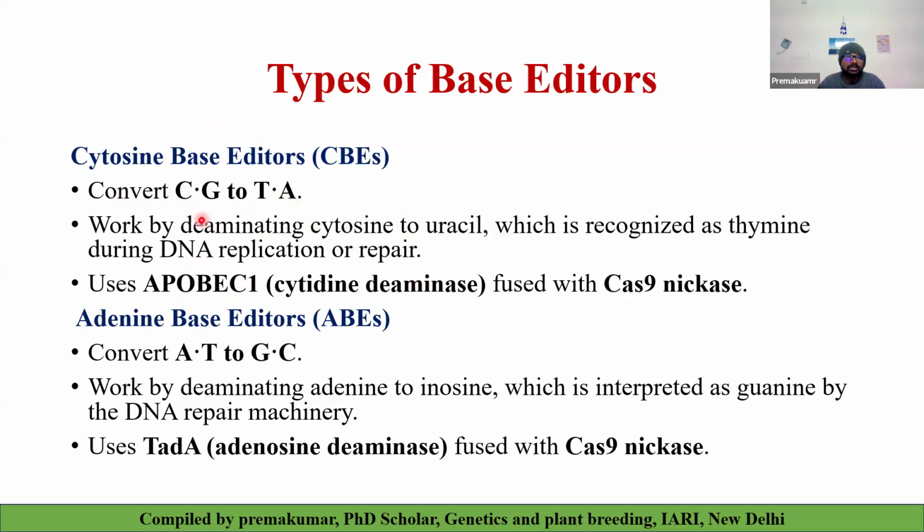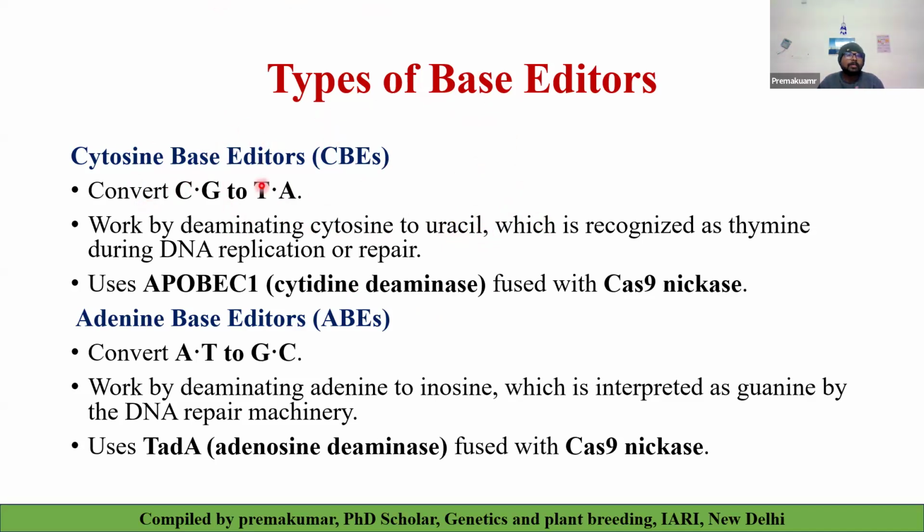If you deaminate the cytosine, it will become uracil. Uracil pairs with thymine. But cytosine normally should pair with guanine. If you remove the amine group from the cytosine, it becomes uracil, and uracil's counterpart is thymine.